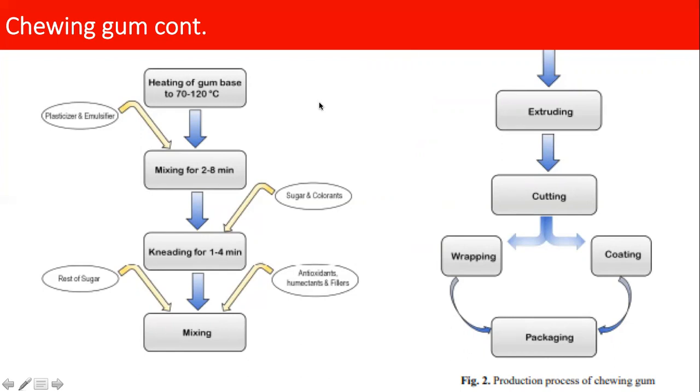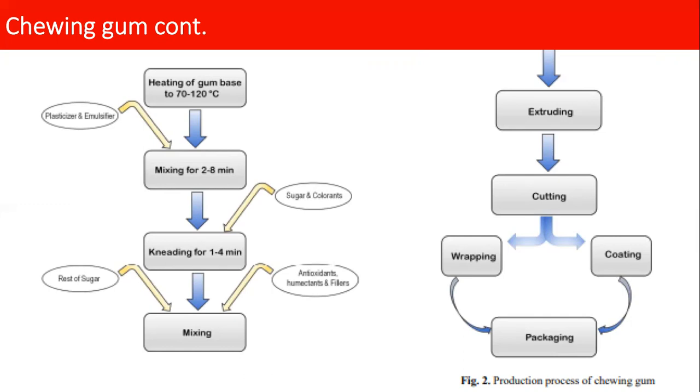You just mix all these ingredients, and hope you can remember the extrusion technology and how to use it. In this type of product development, it is important to use an extruder with different hoppers, because as I told you earlier, here we have to add flavors, colors, and gums at different stages. So for that, we should have different hoppers to feed, right? Then extrude it, cut, pack, and send to the market.